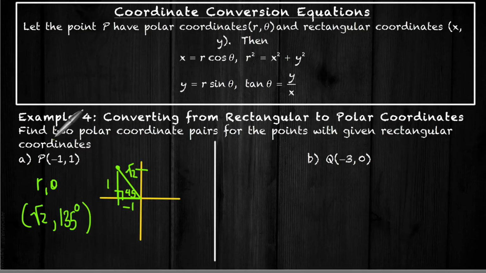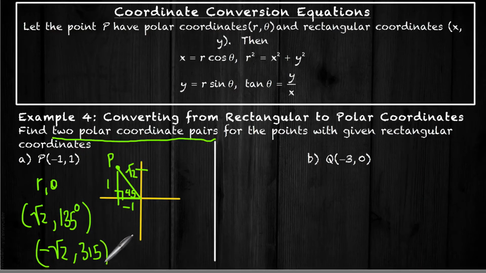Now notice it says find 2 polar coordinate pairs for the points with the given rectangular coordinates. So this goes back to something we talked about before. We can describe this point, we'll call it point P, as either root 2 towards 135 or root 2 away from the angle that's in the fourth quadrant directly across from it, and that's going to be 315.